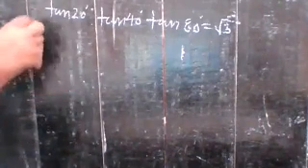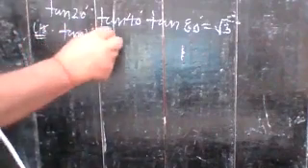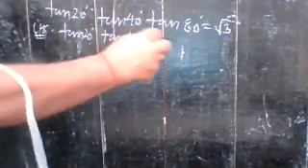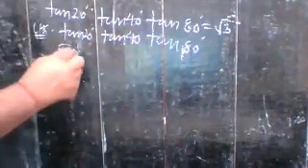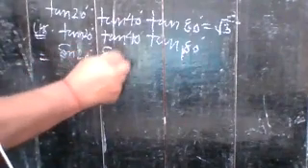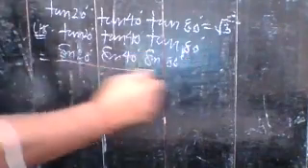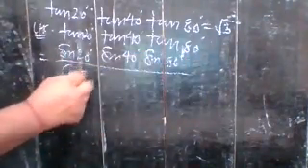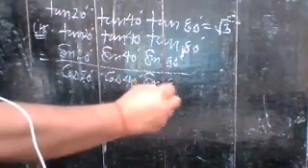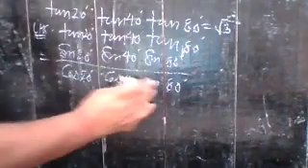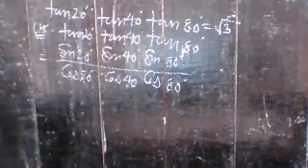So taking the left side, which is tan 20, tan 40 degree, tan 80 degree, write sine 20, sine 40, sine 80, and whole upon cos 20, cos 40, and cos 80 degree. Write in this way.